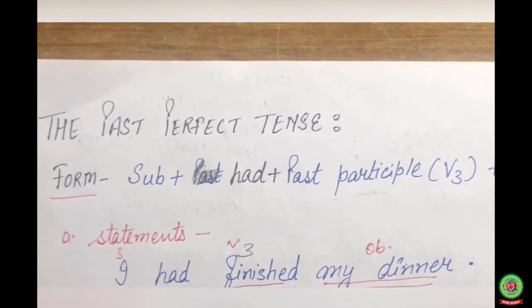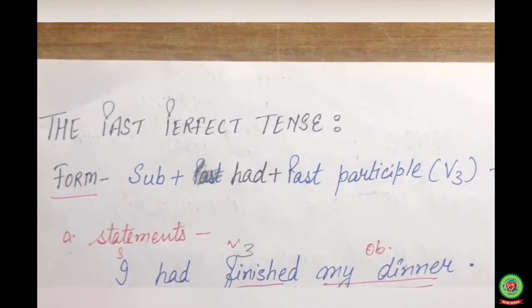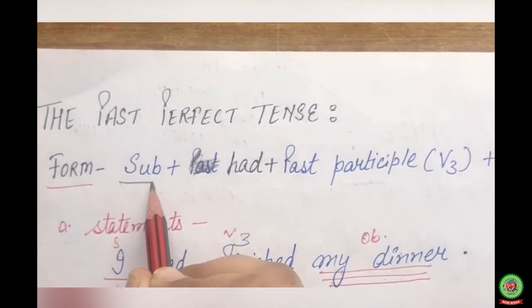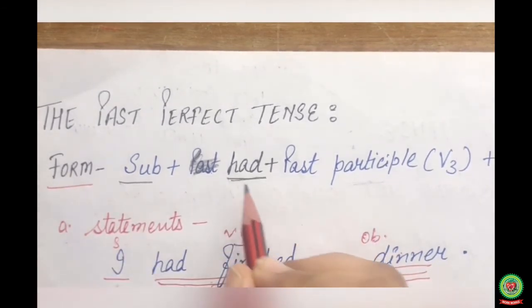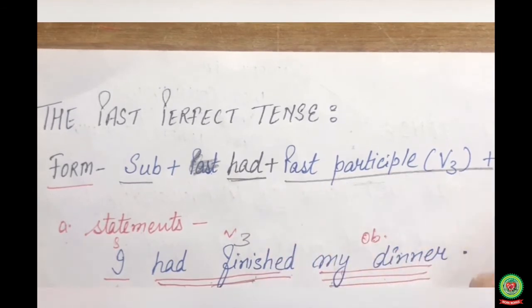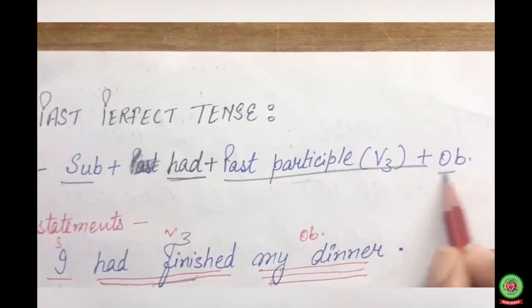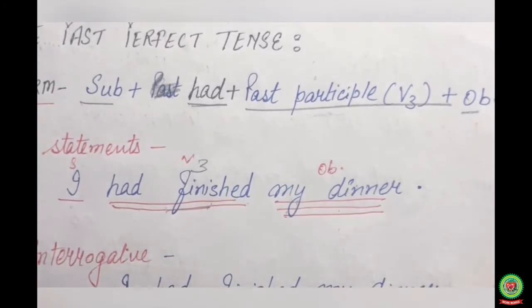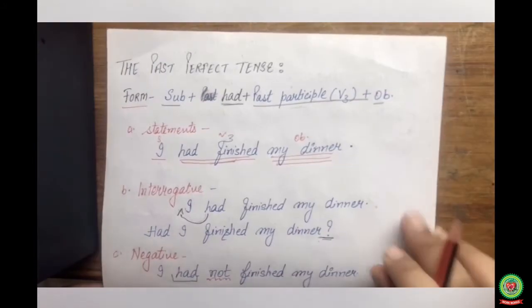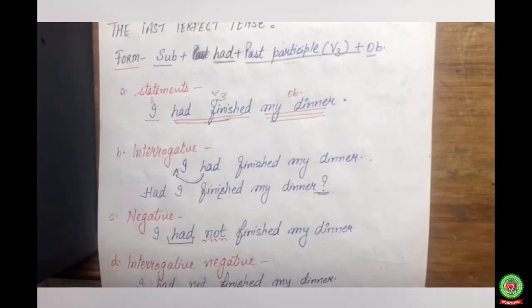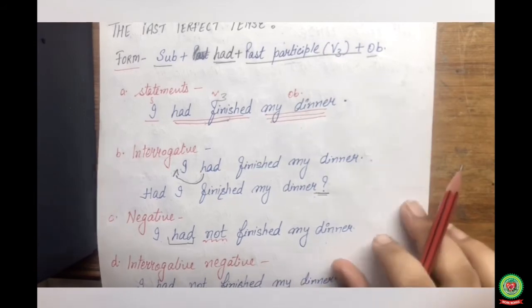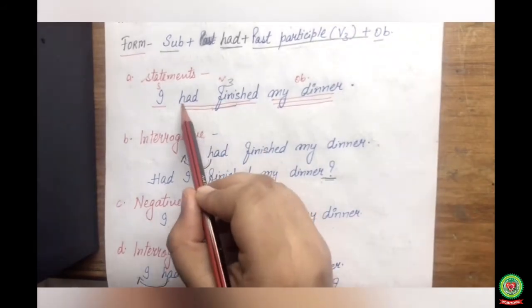See, in the past perfect tense, the structure first of all is: subject, had, past participle which you call V3, and your object. See here, a statement in a simple sentence: I had finished my dinner. Had finished.